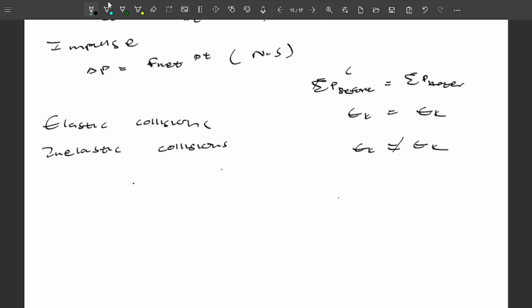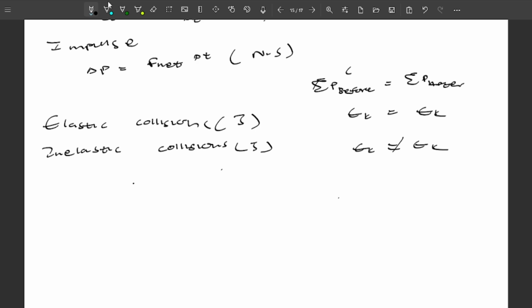Just keep it to yourself that the EK before and the EK after in an elastic collision are the same, and they have to be the same. And in an inelastic collision, the EK before and after are not the same. So just like that, you have solved it. Here, the units are joules. We focus on the joules.